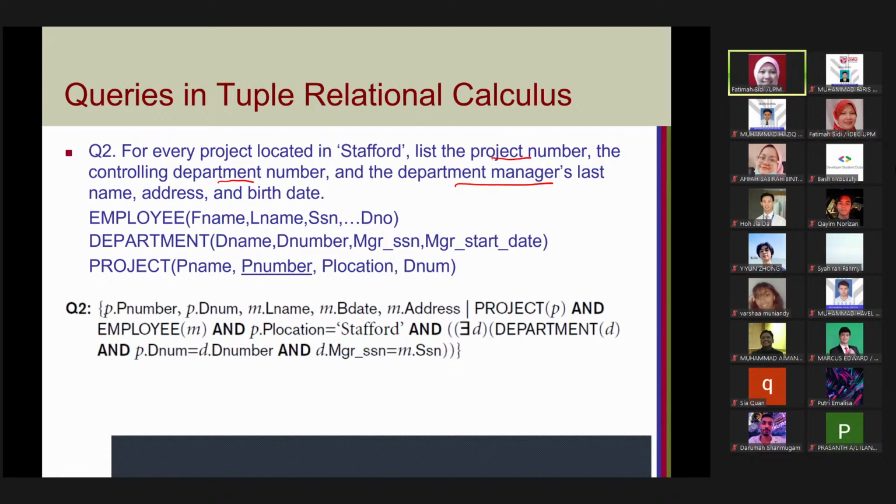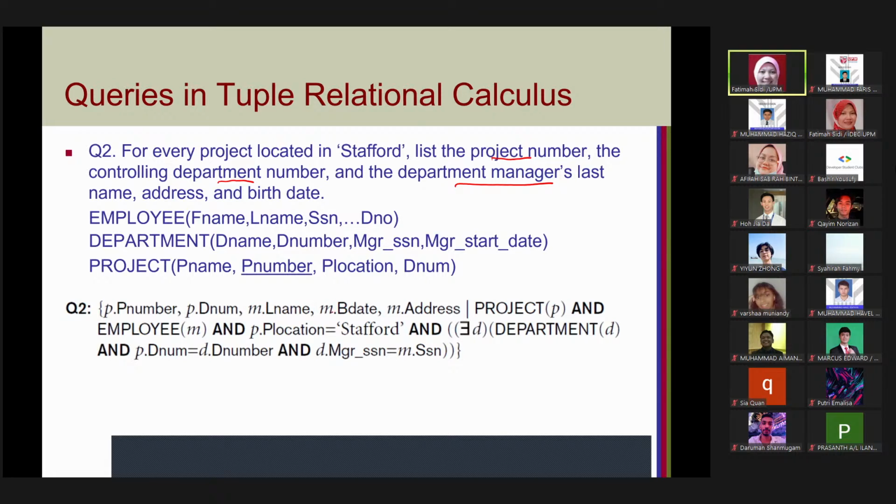So P.P number, P.D number, M.L name, M.B date, M.address, because we use employee M as the alias for the employee.